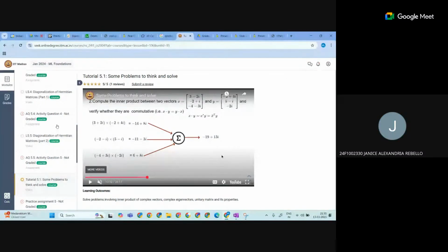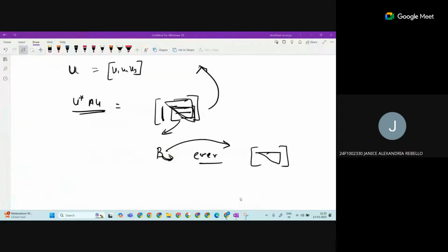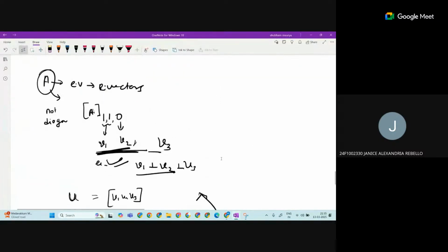So V1, V2, can you clarify, sir, what you told? Suppose you have a repetitive eigenvalue and you are getting only one eigenvector V1. In this case you are getting only one eigenvector, not two.